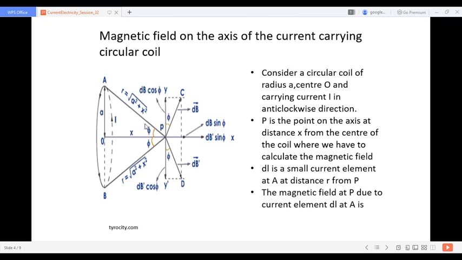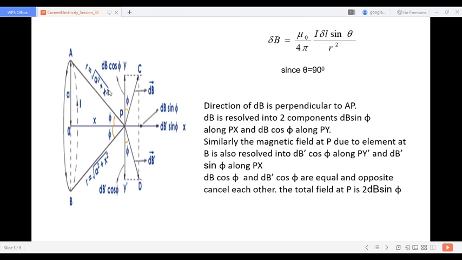The magnetic field at the point P due to the current element dl at A is given by dB equals mu naught upon 4 pi I dl sine theta divided by r square.